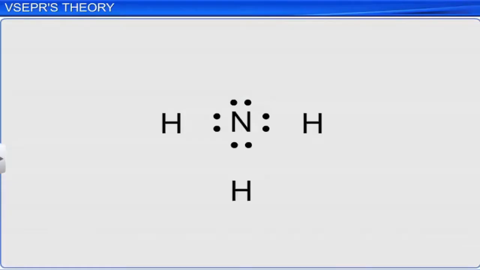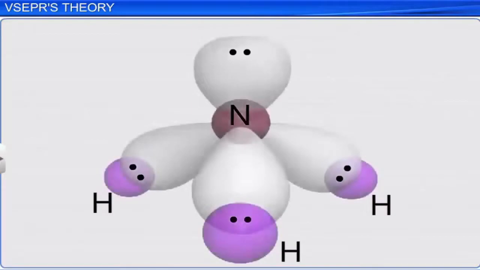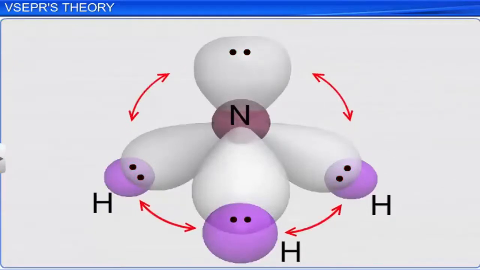Lewis' concept does not explain the shapes of molecules. In 1940, this drawback led Sidgwick and Powell to come up with a theory to determine the shape of a molecule. The shape of the molecule is based on the number, type, or extent of repulsions between electron pairs present in the valence shell around the central atom.